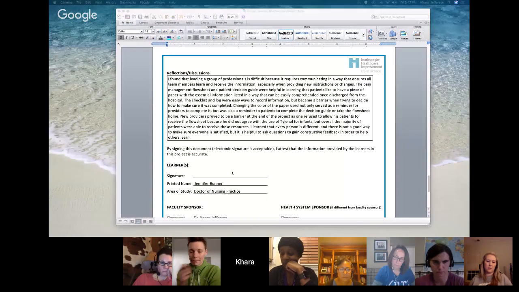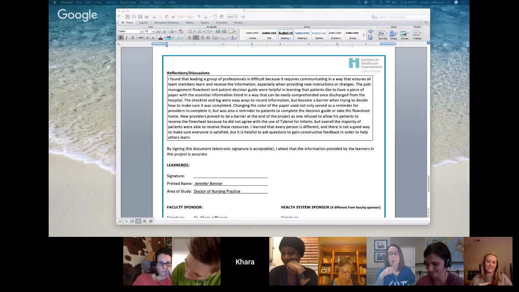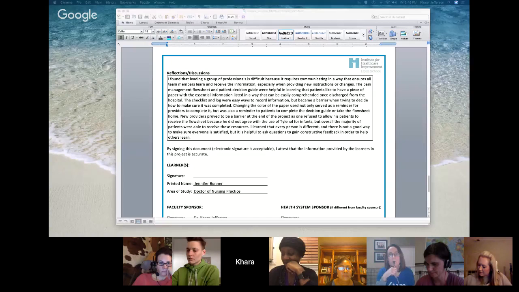And then the reflections discussion. This is where you have 7 sentences. So woohoo, talk as much as you want. I find that even on Pecha Kucha, this is the section that most people split up into 2. They'll do 1 reflection slide and 1 or 2 discussion slides, because this is where you're telling us what were the successes and barriers. What did you learn?